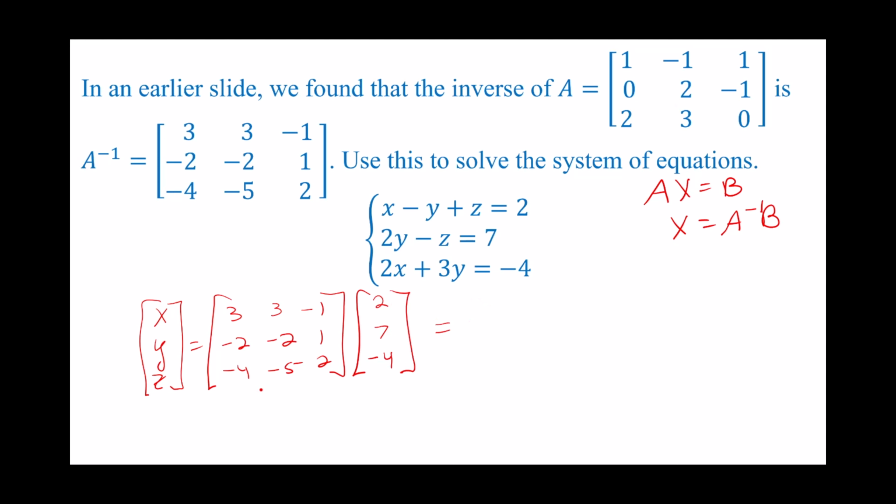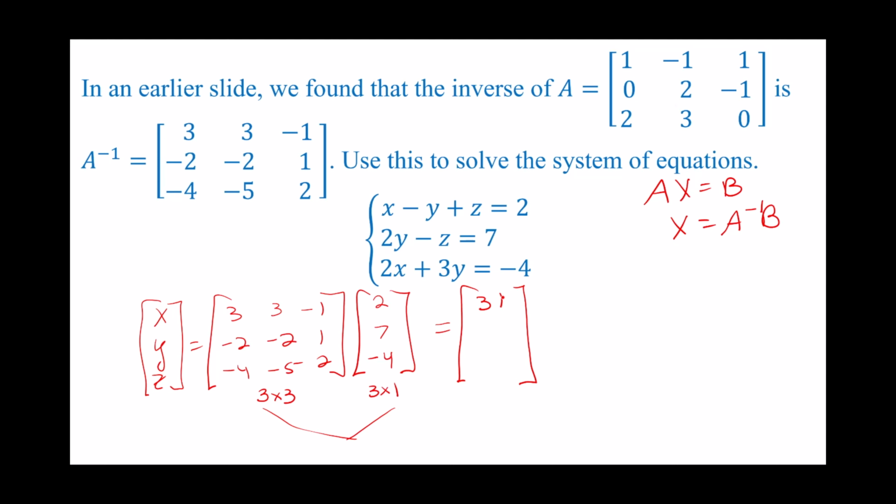And then when I multiply, notice this is a 3 by 3 matrix. This is a 3 by 1 matrix. So my new matrix will be a 3 by 1, and I'll have the solution in this new matrix. So I'm going to multiply rows by columns. So first row, first column, 3 times 2 plus 3 times 7 plus negative 1 times negative 4 gives us 31.